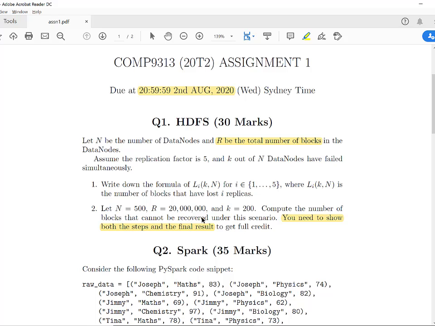Then you need to write down the Excel formulas. I don't think there would be students who do it by hand, but in that case, you need to show your steps as well. The purpose of asking you to show the steps is to make sure that you have done this by yourself and you do understand the solution.